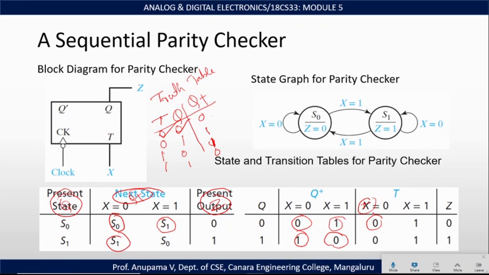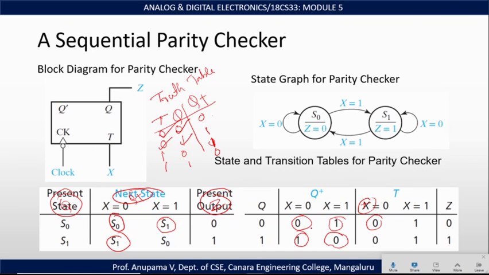See here, when Q is equal to 1 and x is the input, input is nothing but T here. T is 0. What is the output? Output is 1. So we have to write depending on the input and output.